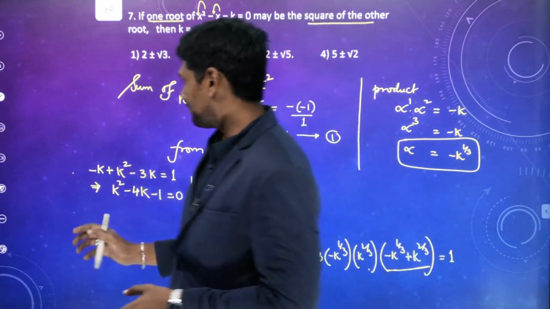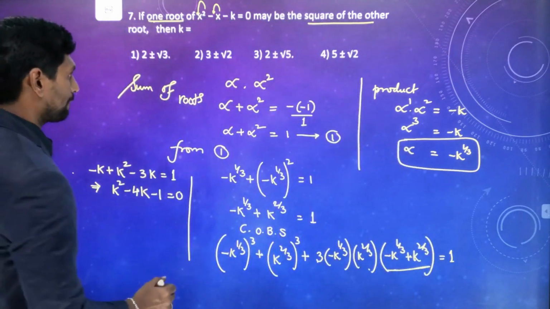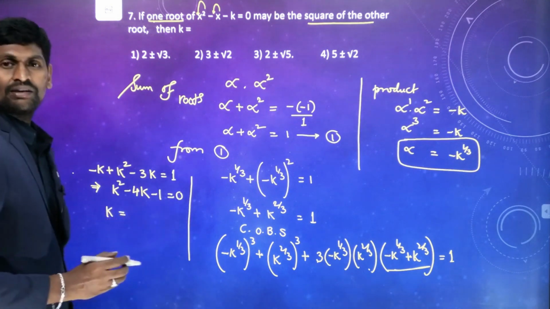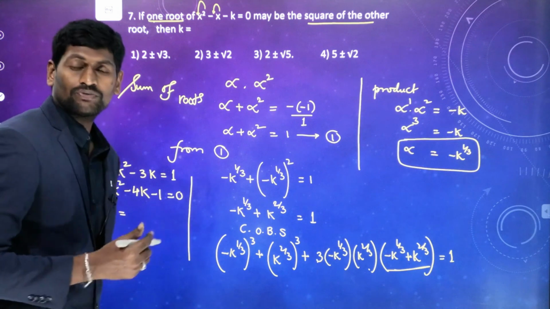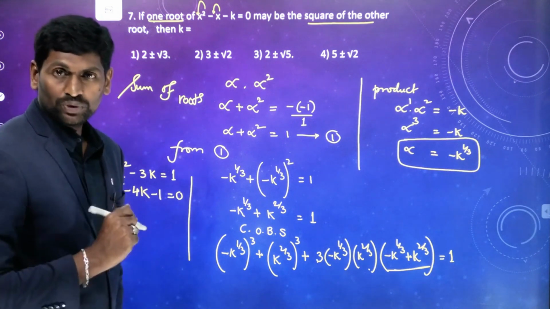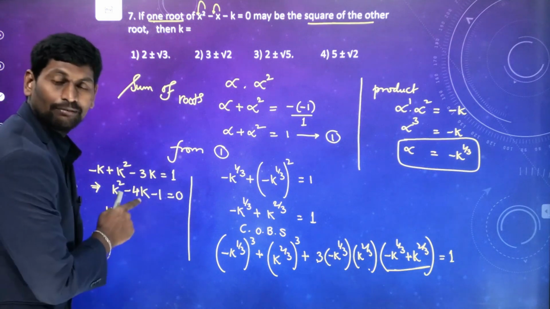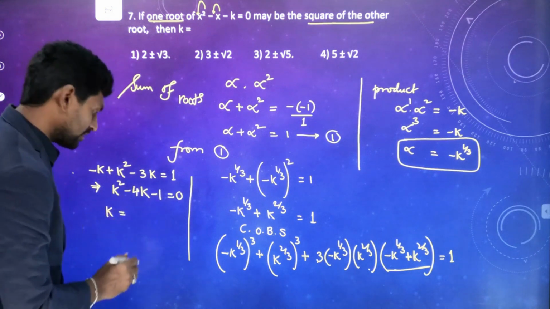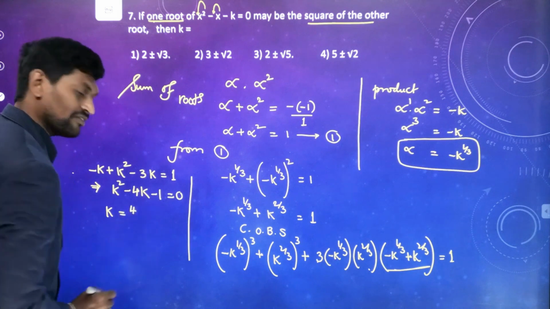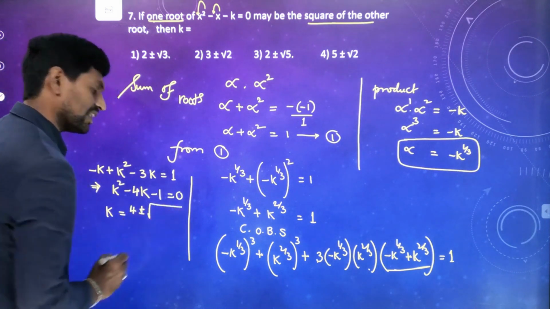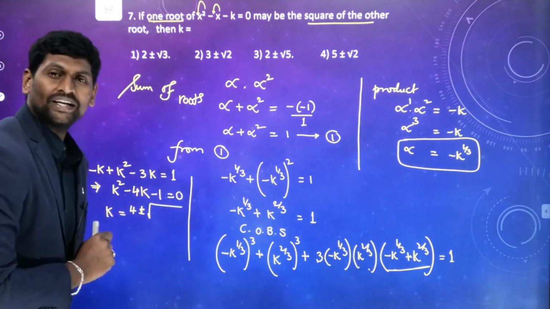Same way I am writing here. So k is equals to, directly I am writing minus b plus or minus square root of b square minus 4ac by 2a formula, minus b. So we have minus symbol, here b also minus 4. Minus into minus become plus 4. So minus b value is plus 4, plus or minus root over b square. B value is nothing but minus 4.